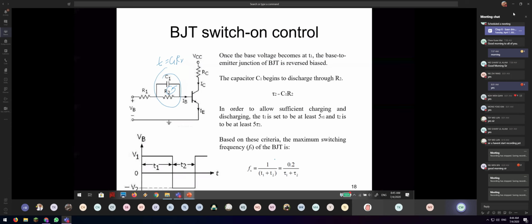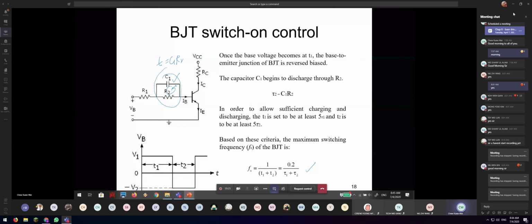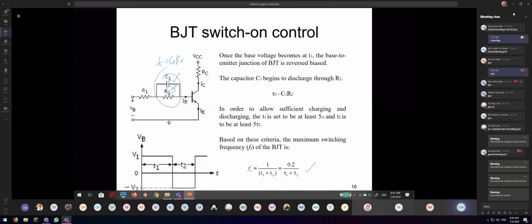This is also the formula to determine the switching frequency. In order to allow sufficient charging and discharging time, the on time is set to be at least 5 T1 and the off time at least 5 T2. This is because when I switch on, the capacitor requires some time to charge up and also to discharge.